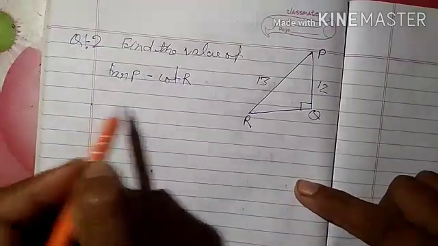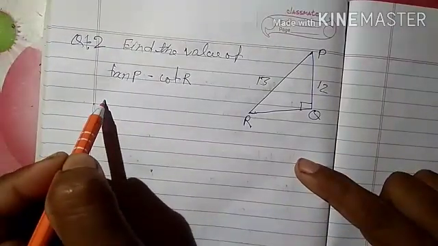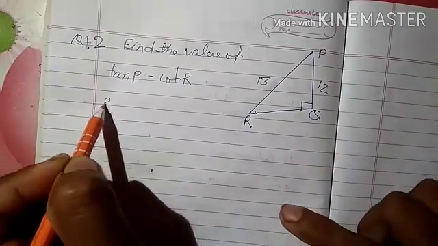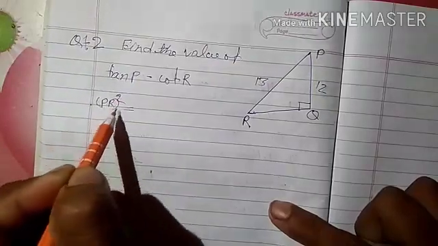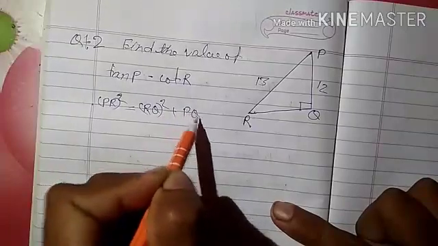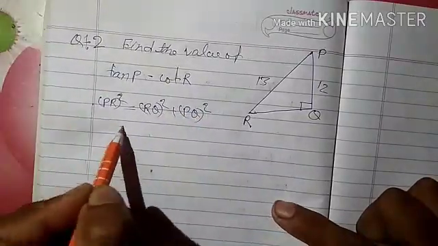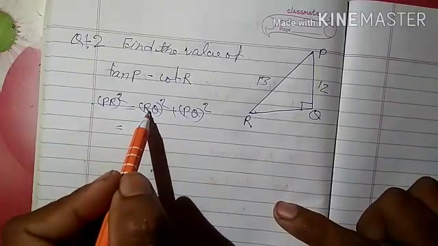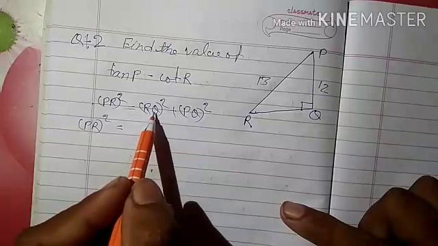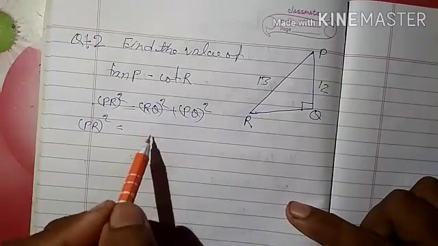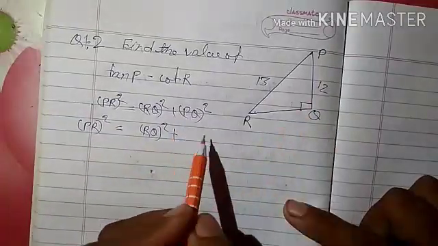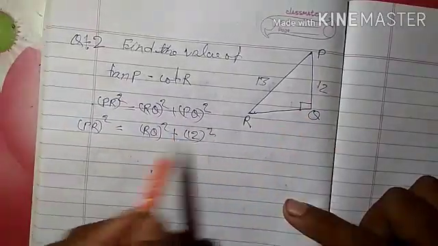So by Pythagoras theorem, hypotenuse square is equal to base square plus perpendicular square. So hypotenuse, that is PR to the whole square, is equal to RQ to the whole square plus PQ to the whole square. So PR square is equal to RQ square plus PQ, that is 12 square.